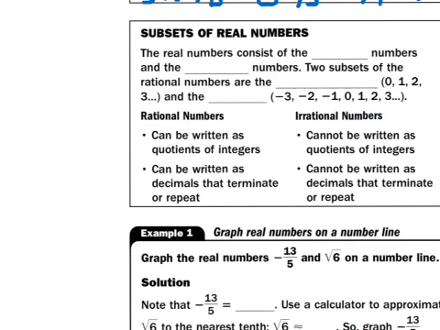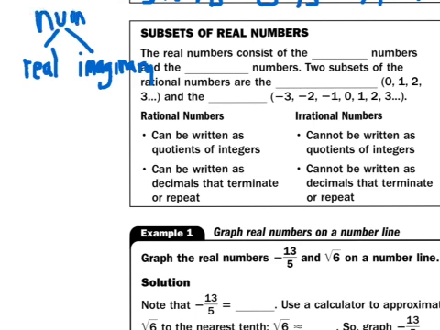Now let's talk about groups of numbers. We have two main groups of numbers. We have real numbers and then imaginary numbers. Under the imaginary category, which you haven't worked with yet, we have anything that has a square root of a negative 1 in it.